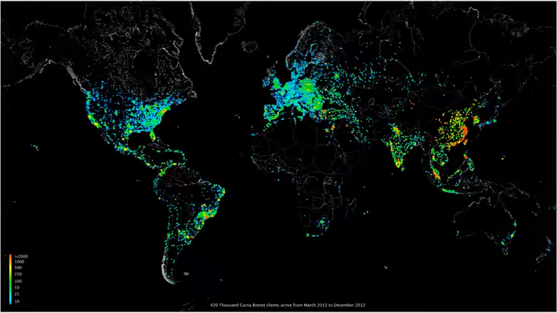Slow start threshold is equal to 8,000 bytes, so it means 8 maximum segment sizes. These are the initial conditions.